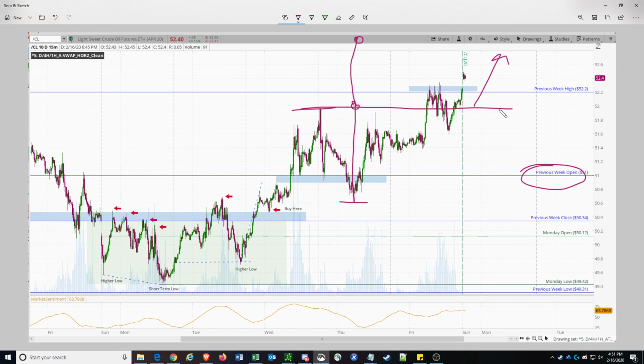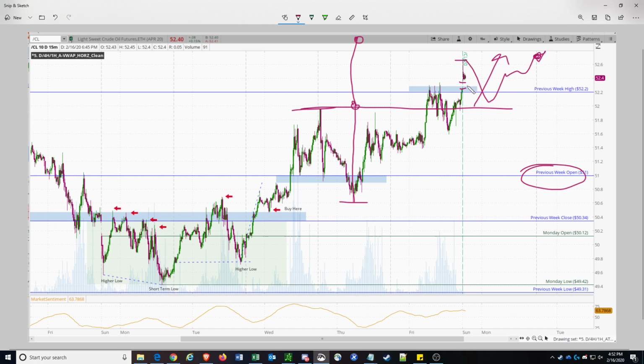Okay, so that's a quick synopsis. It's a quick run through of crude oil for last week and for what our expectations are for this week. So we gapped up. I think we gapped up hard too, on the 15, or at least we came up pretty hard. We're going to trade back down and then finish the day up here.